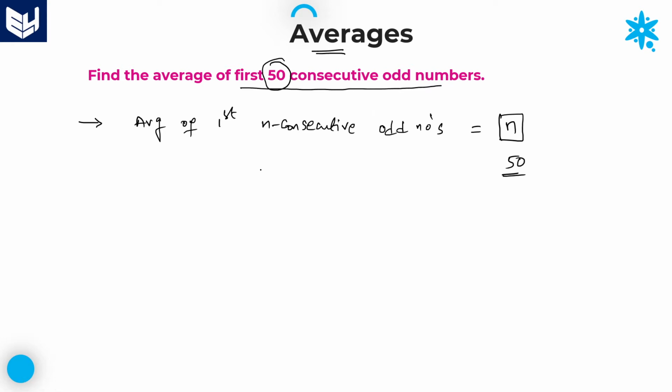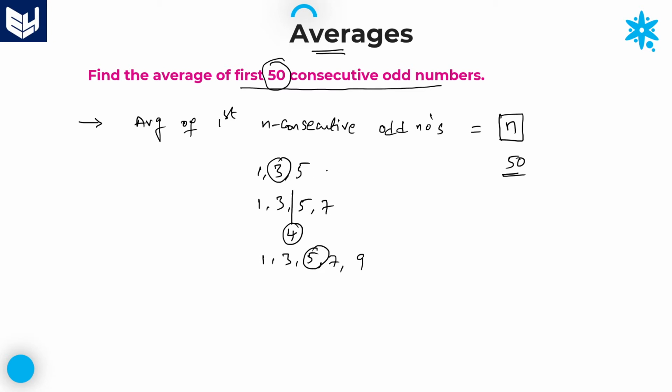Why? Because if you take one small example, 1, 3, 5, the first three consecutive odd numbers, average is 3. First four consecutive odd numbers 1, 3, 5, 7, average is 4. Average is nothing but the middle number of all the given values. If you take first five consecutive odd numbers 1, 3, 5, 7, 9, average is 5.